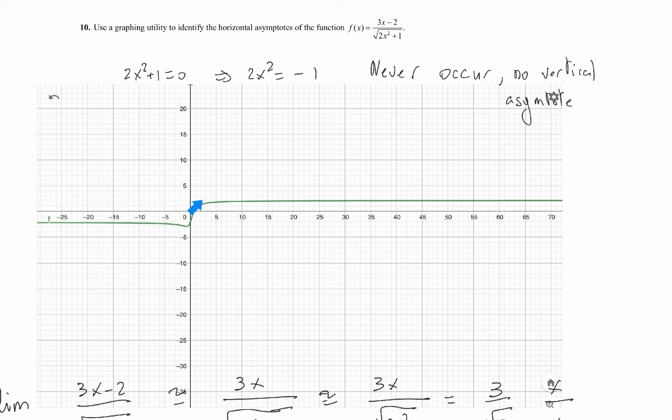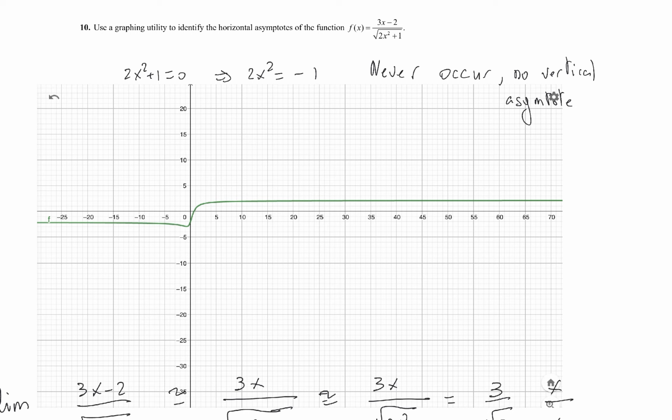There is a horizontal asymptote when x approaches infinity, and there is a horizontal asymptote when x approaches minus infinity. You don't see it here, but this is the calculation that we have to do.